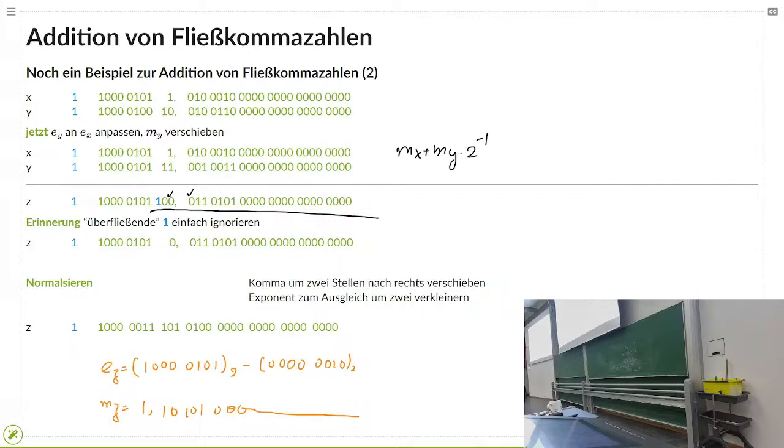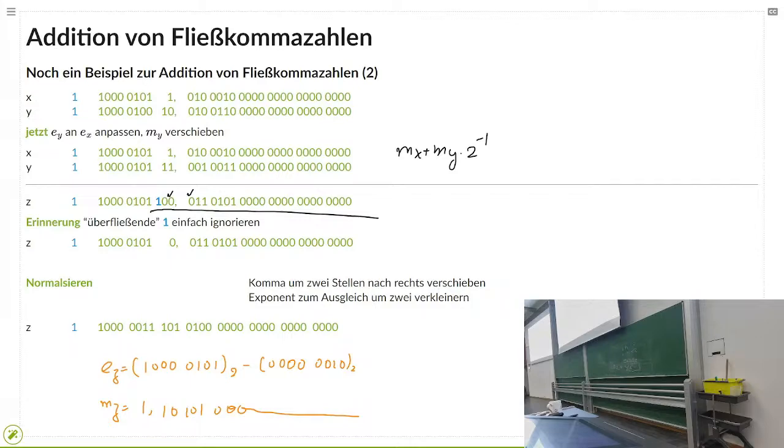So it's actually 0, 0, 1, 1, 0, 1, 0, 1. So there are 2 zeros before the first one. So we need to shift to the left by 2 positions. So the mantissa is 1, 1, 0, 1, 0, 1.